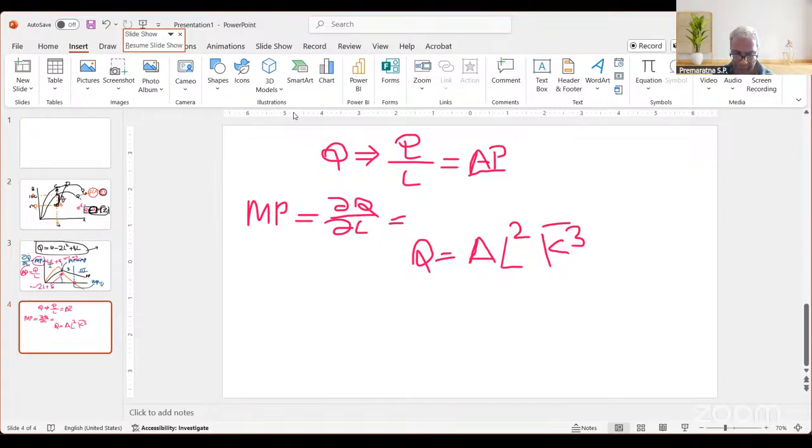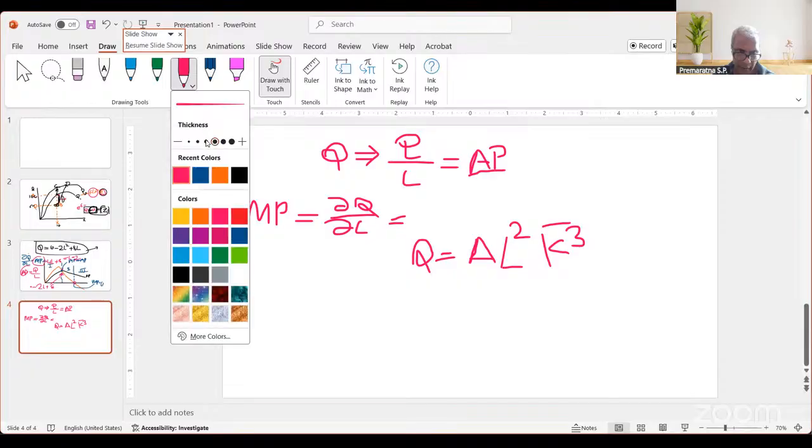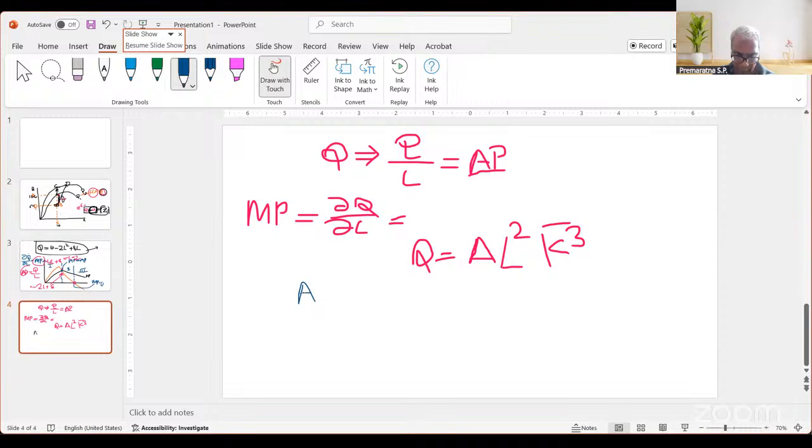Now given this kind of production function, you can find the average product, just Q divided by L. So we get the answer A, and here the A plus A you can put together because these are constant in this case. So that is also constant, and L, this is the average product.